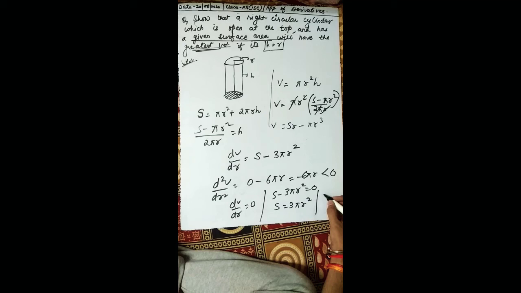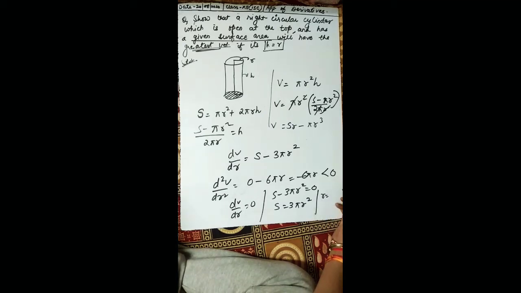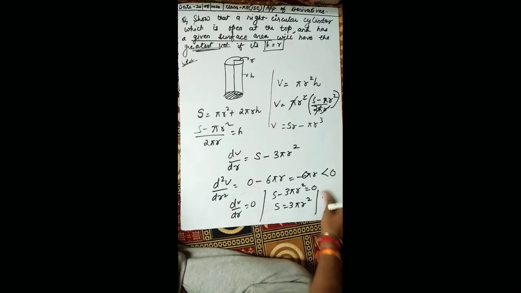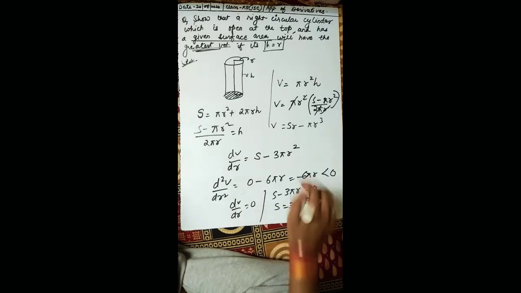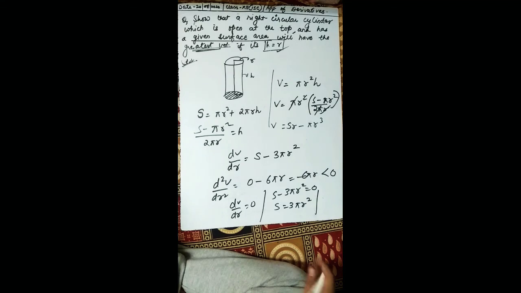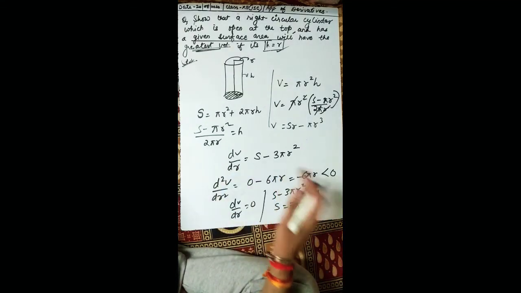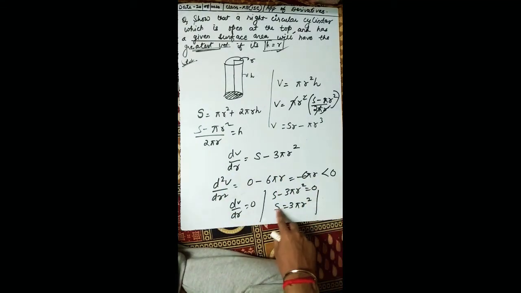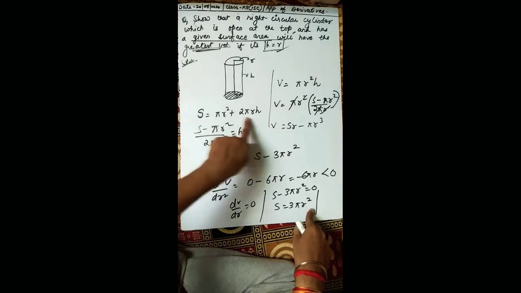Now you need the value of r, or else you can do one thing, just to find the value of that h. You have s is equal to 3 pi r square. We need to prove h is equal to r. We don't need to find h or r. Okay, you got s is equal to 3 pi r square. Just put it in this equation.